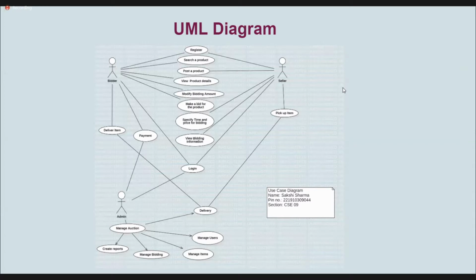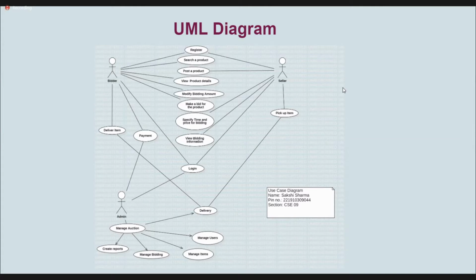Then we have the bidder and the seller. They both have to first register in our system. Then multiple sellers can post the information of their products. They can specify the time and price for the bidding. And then our bidders can search for any product that they want.